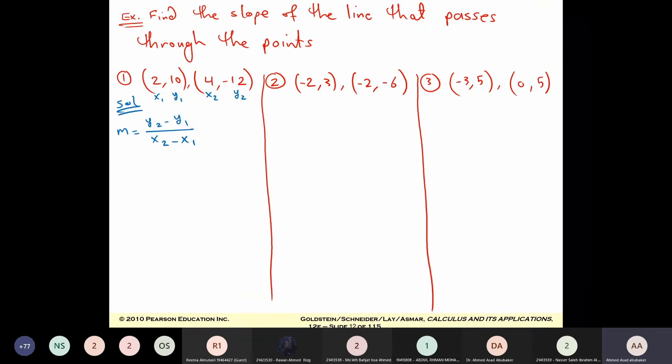So the slope equals y2, negative 12, minus y1, 10, over 4 minus 2. So we have negative 22 over 2. So the slope equals negative 11.